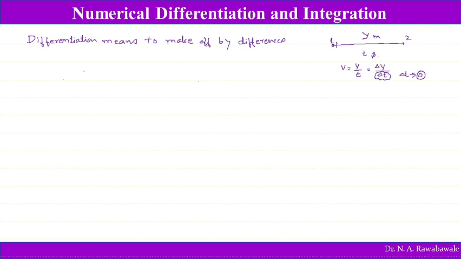That delta y for time delta t is nothing but the differentiation. Differentiation means to make off the differences, that is, the rate of change of dependent variable with respect to independent variable. Here y is the dependent variable and t is the independent variable.